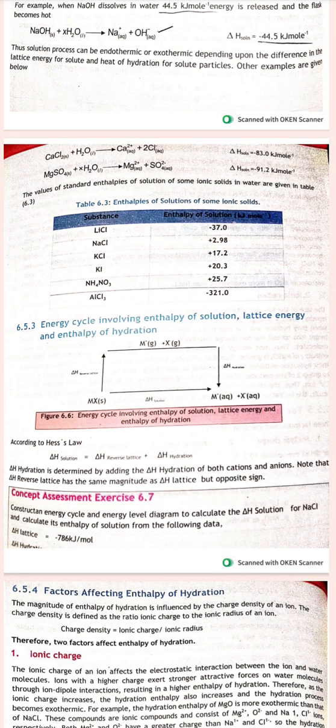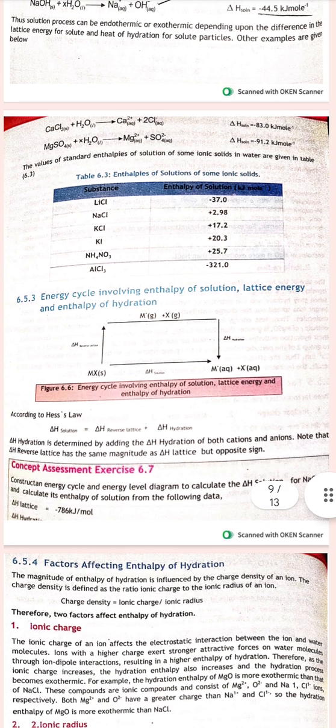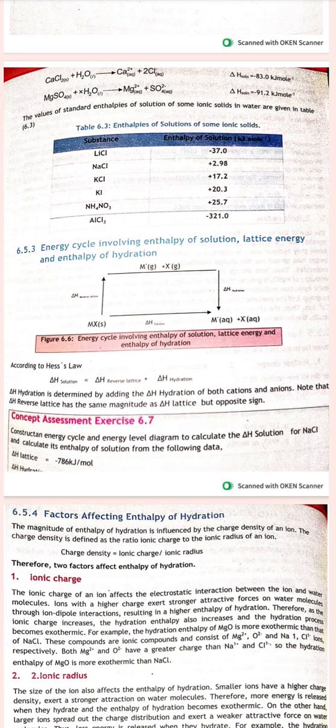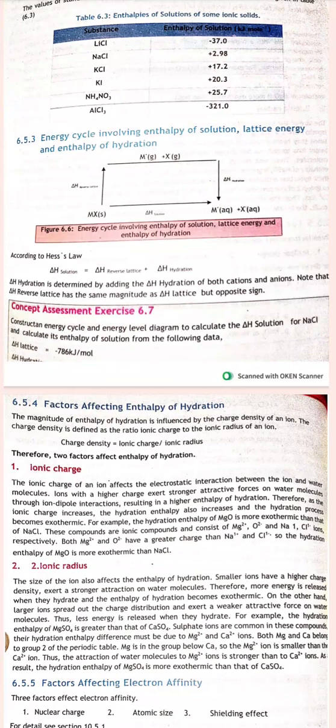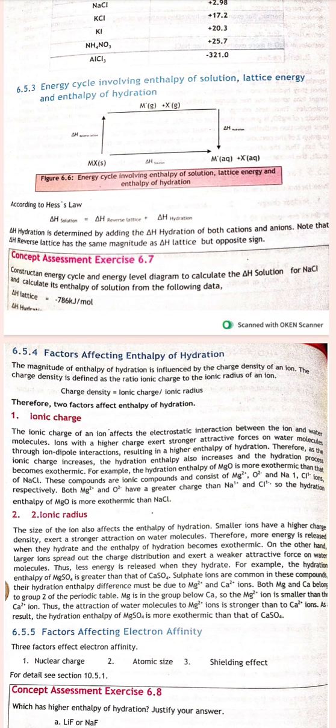For example, for CaCl2 it's minus 83.0, and for MgSO4 we have minus 91.2 kilojoules per mole of heat of solution. Energy cycle involving enthalpy of solution, lattice energy, and enthalpy of hydration.